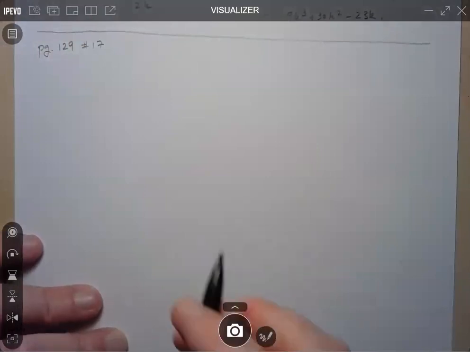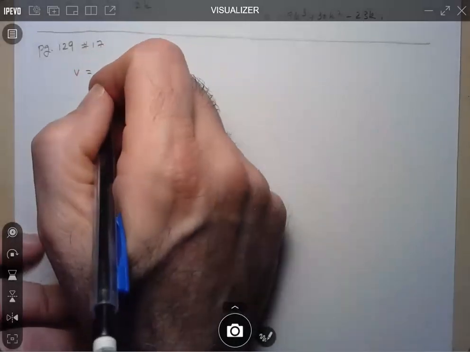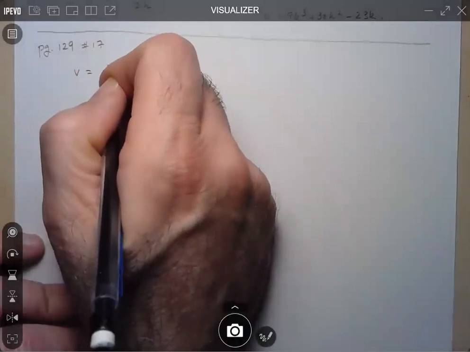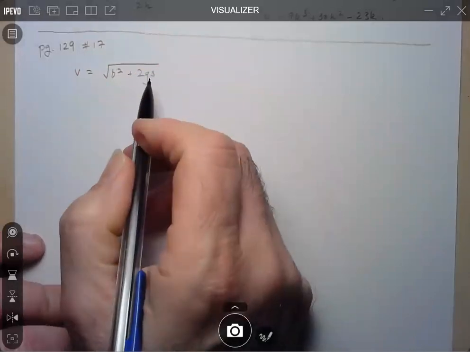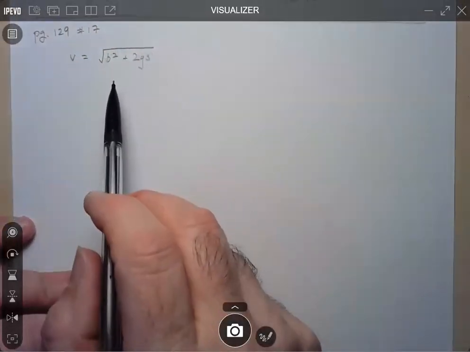It says an object moves so that its velocity is related to its position. Okay, so they give us this function. Velocity is equal to the square root of b squared plus 2gs, and s here represents the position. Now, what type of function would this be?